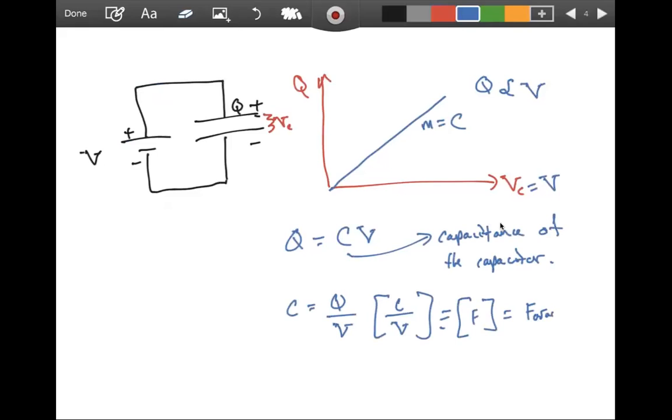Basically, I believe it comes from Michael Faraday, so it's just short for his name. So this is my capacitance.